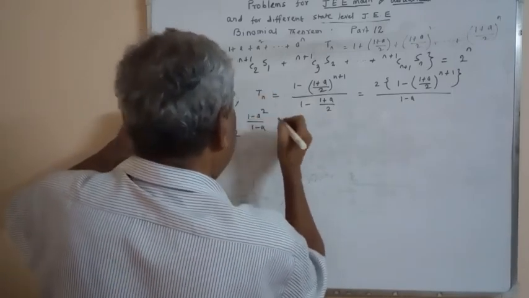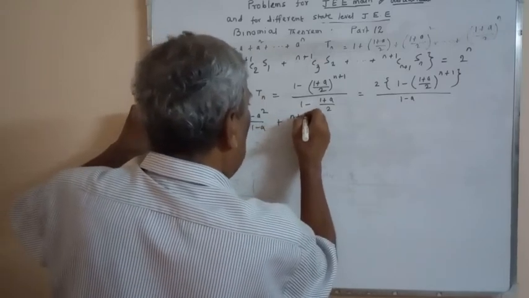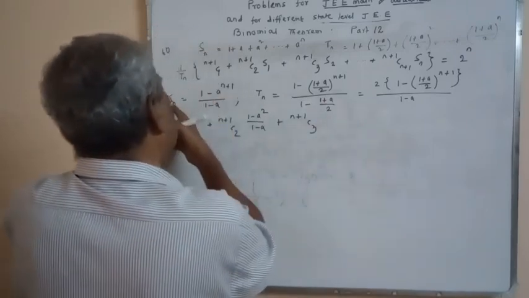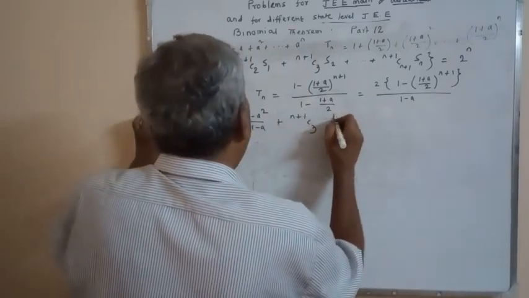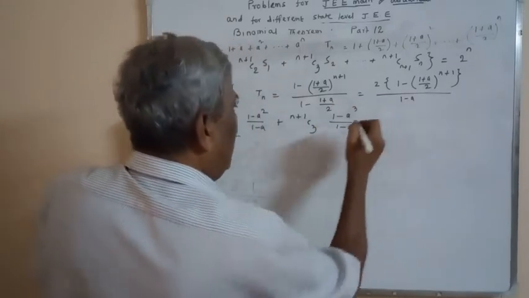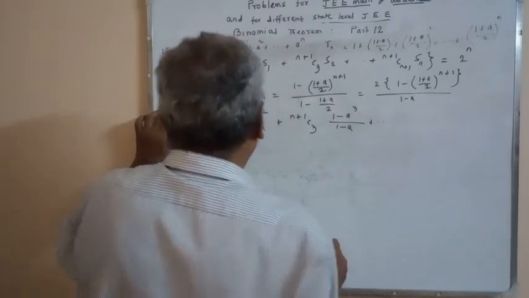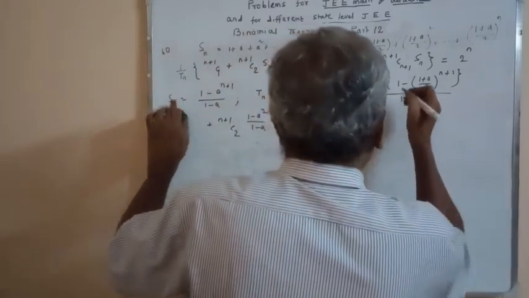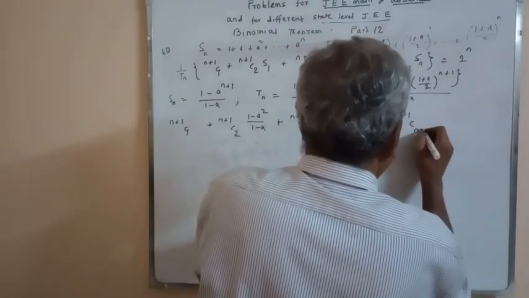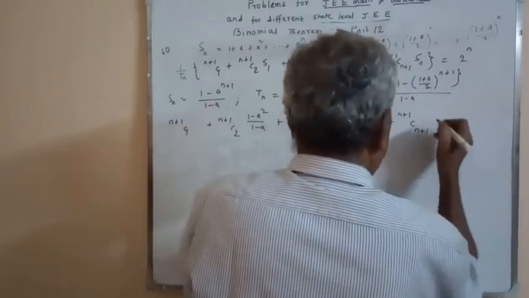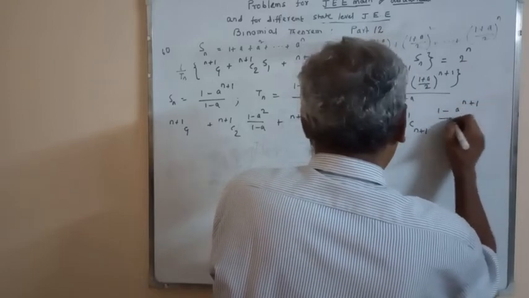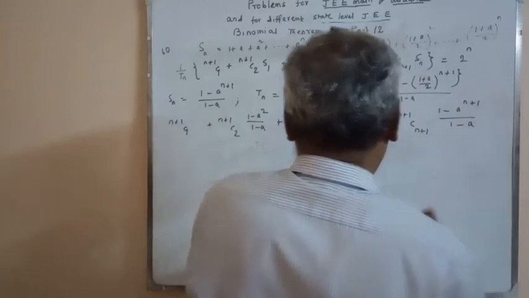Then plus n plus 1 C3 S2. S2 is equal to, again put n equal to 2, so it is (1 minus a cube) by (1 minus a), and so on. The last term is n plus 1 C n plus 1 Sn. Sn is this, (1 minus a to the power n plus 1) by (1 minus a).